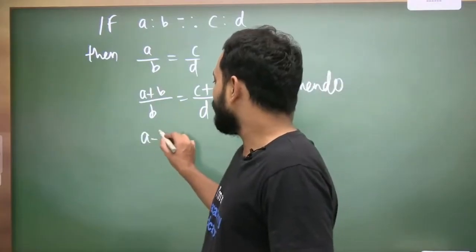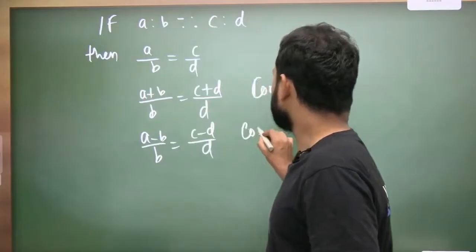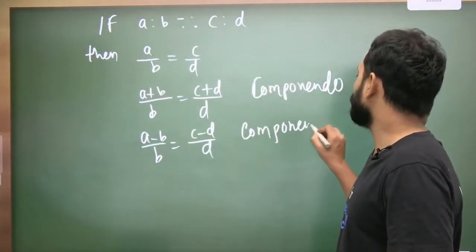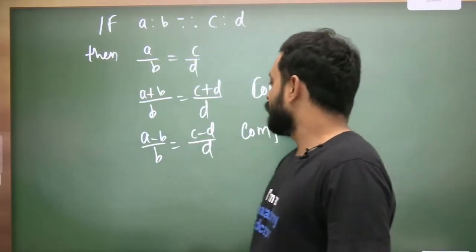You can also say that A minus B upon B is equal to C minus D upon D. This is also called componendo.